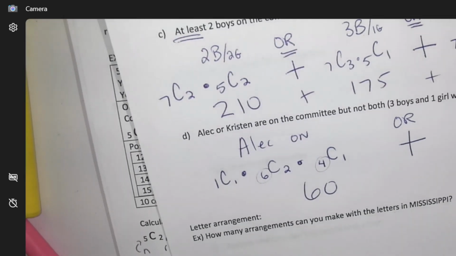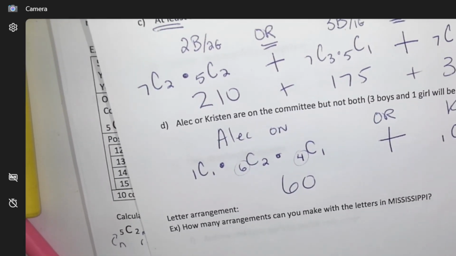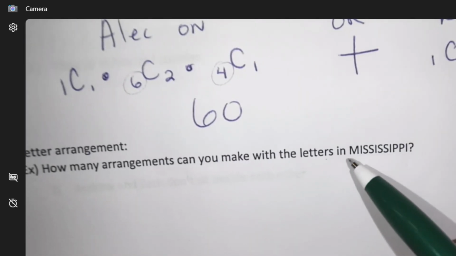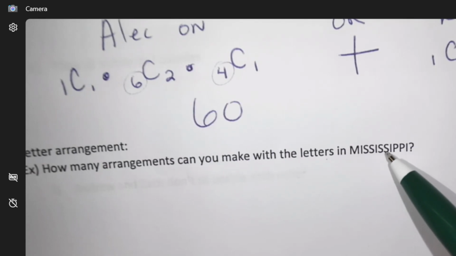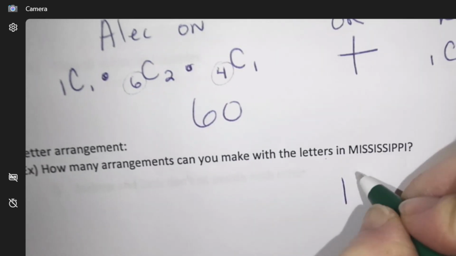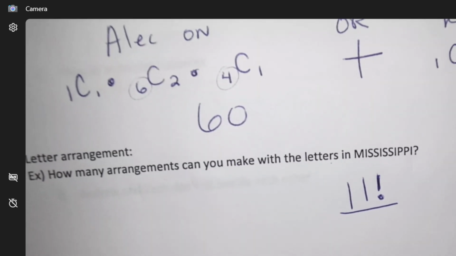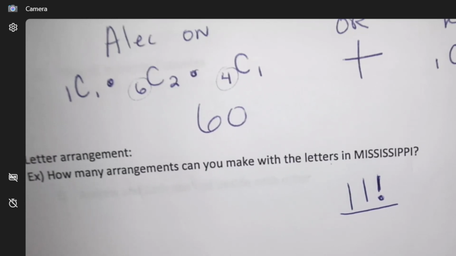Okay, so how many letters could I rearrange here? Count how many letters you have. I think I'm counting 11. Okay, so I'm going to move around 11 letters in different positions. I can do a factorial on that. But if I move around that S and that S and that S, it doesn't really change anything, so I'm going to cancel those options.